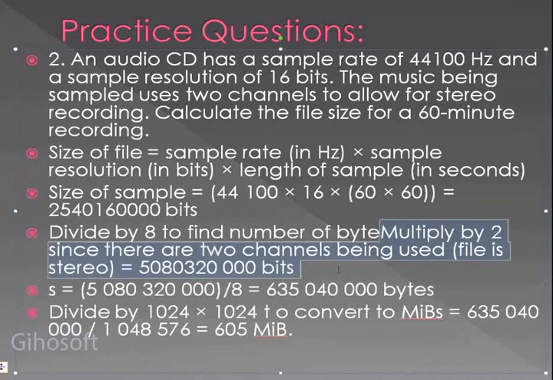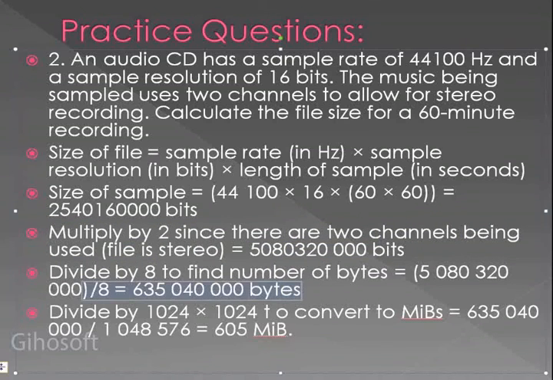You'll not have to divide it by 8 in the next step. And finally, once you have the answer in bytes, divide by 1024, and again by 1024, to convert it to MiB or MB, and that would give you the answer as 605 MB.